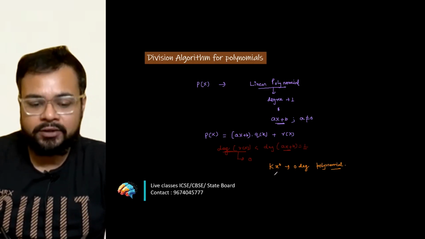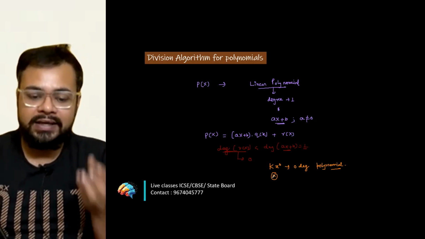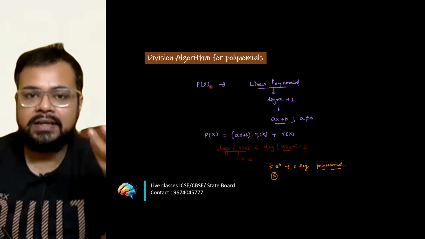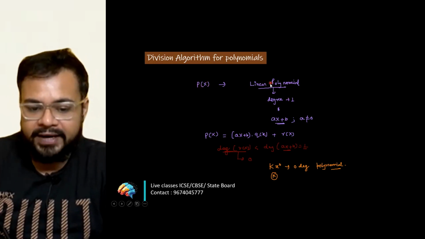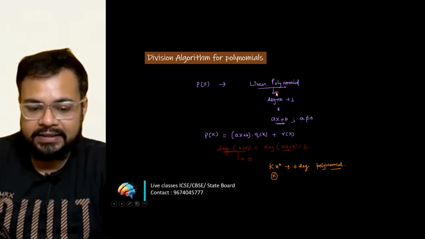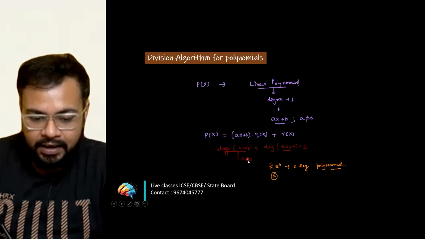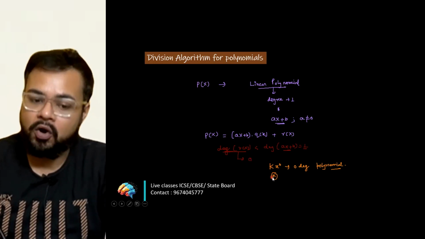What is kx to the power 0? It's basically k, a constant. So any constant is known as a degree 0 polynomial. I'll summarize what I just said: any polynomial p(x), when divided by a linear polynomial, that is a polynomial of degree 1, has a remainder that is a polynomial of degree 0, that is a constant.